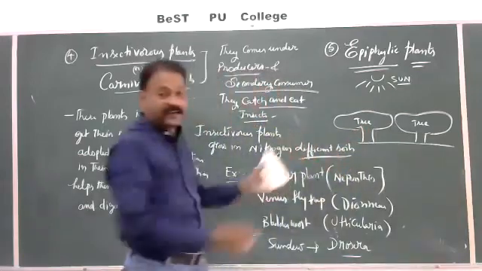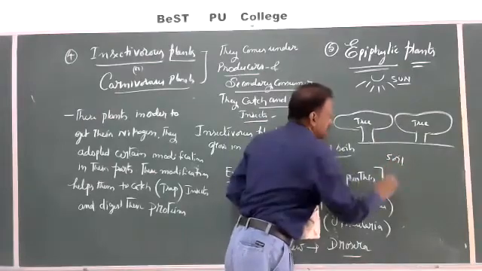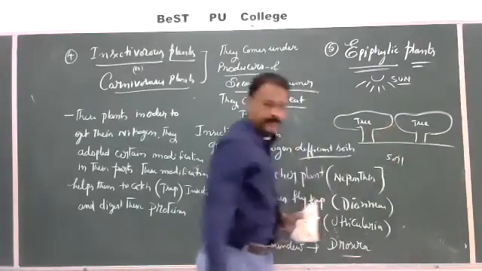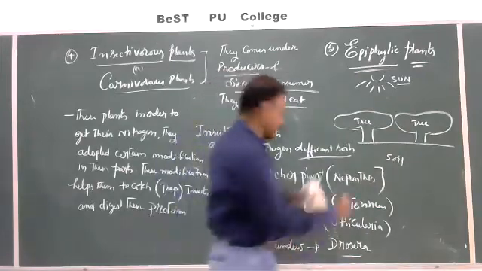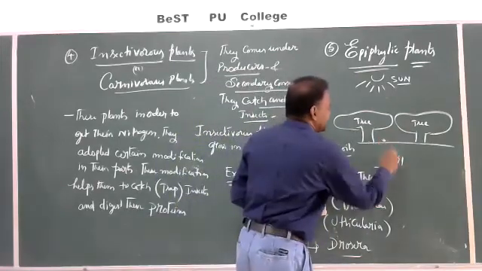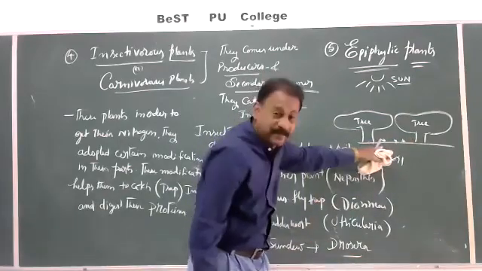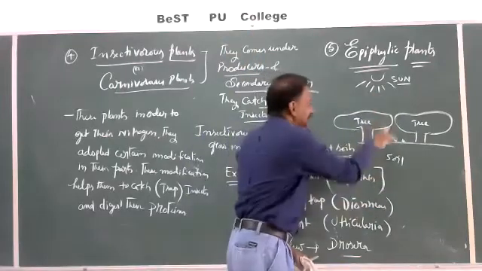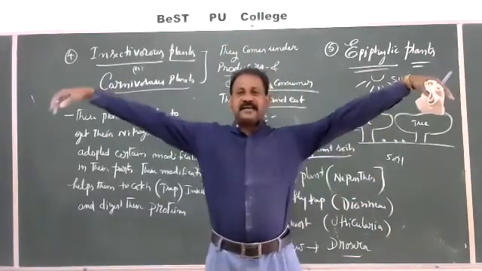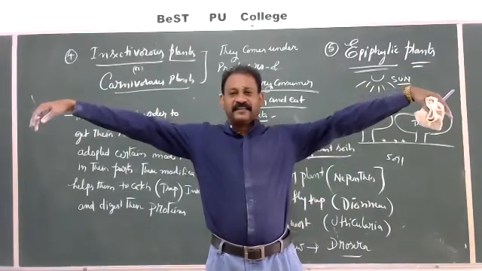Shall I increase my font? Sunlight is falling. This is the soil, the surface of the soil. Some small plants are present here, but these small plants are not getting the sunlight. Why? Because large trees are surrounding the complete sun falling area like this.